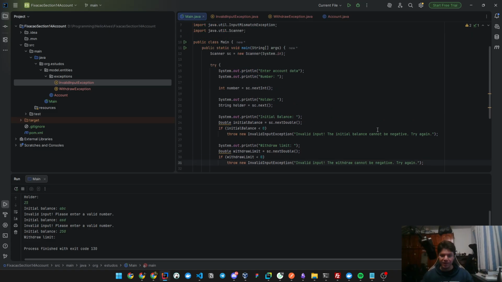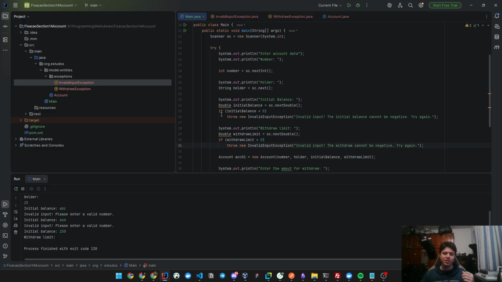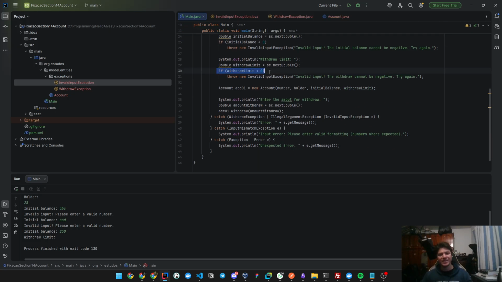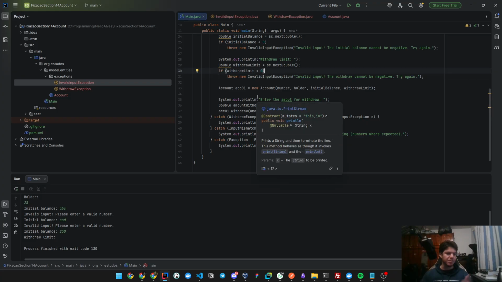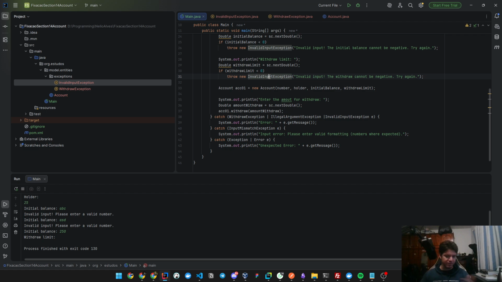Okay, right. That being said, if someone tries to initiate an account with less than zero money, the program throws an exception, and this is an invalid input exception, because you can't initiate an account with less than zero money. And in the account too, you can have a limit below zero because it will impact how much money you can have.